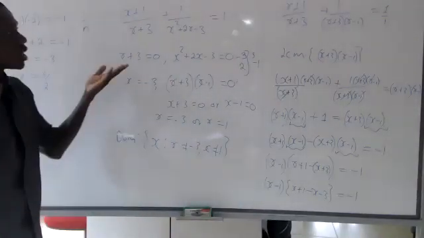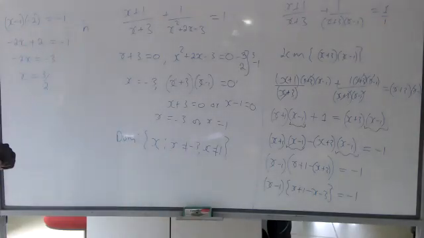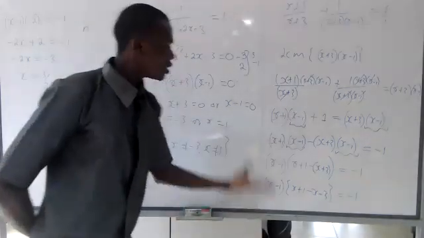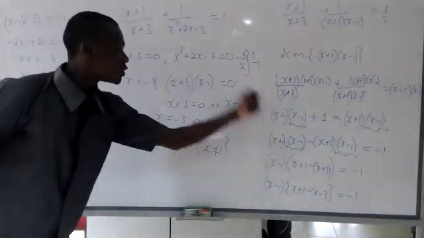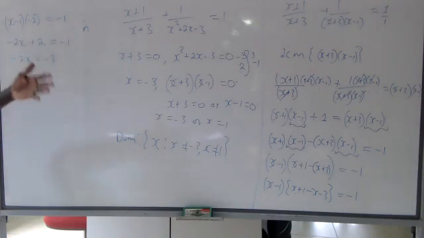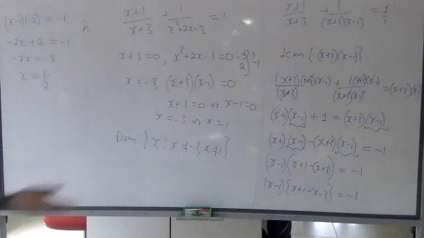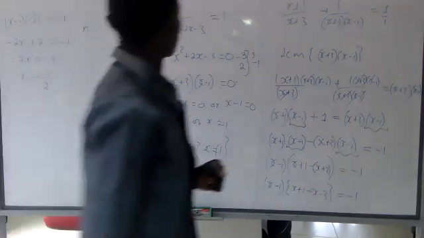That is essentially the reason for multiplying with the LCM. And then after that, proceed in the usual way. You can do factorization if it's possible. You can do distribution if it's possible, because these are real numbers. So the distributive property will help you, and then the usual way of solving linear equations.